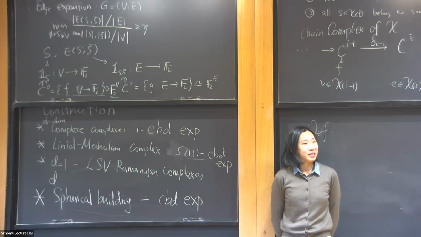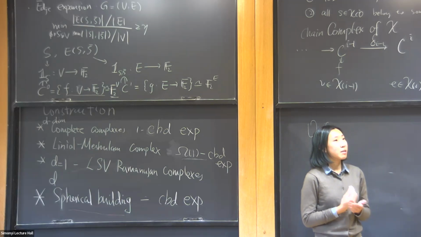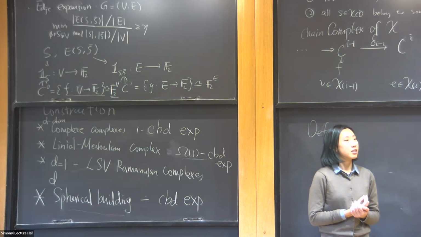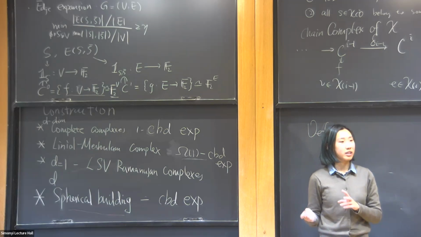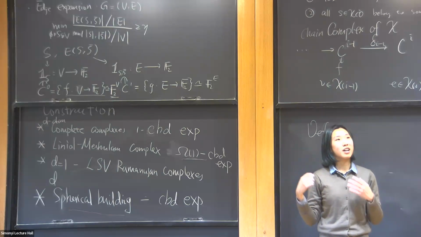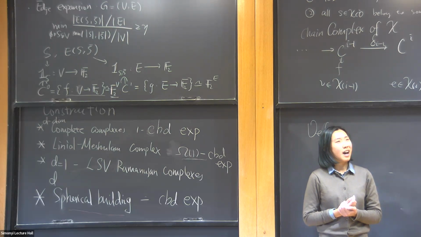I think we know it's not true. There are examples of very good coboundary expanders that are not good high dimensional spectral expanders.